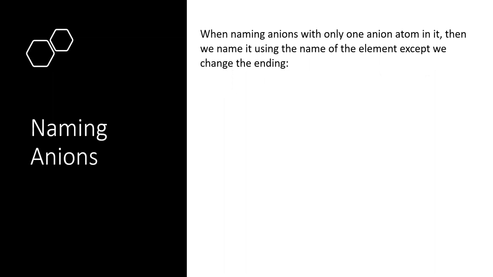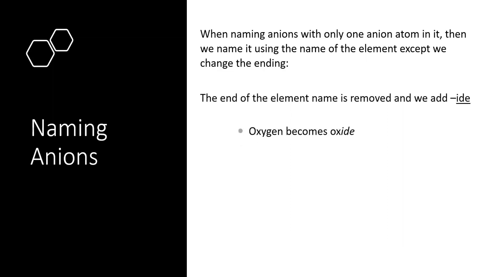You'll always either be told that or be able to work that out. All right, when we name our anions, sorry, it's the anions with the endings. When naming anions with only one atom in it, then we just change the ending to an "ide." So, for example, oxygen becomes oxide. It's only got oxygen in the anion. Sulfur, sulfide.